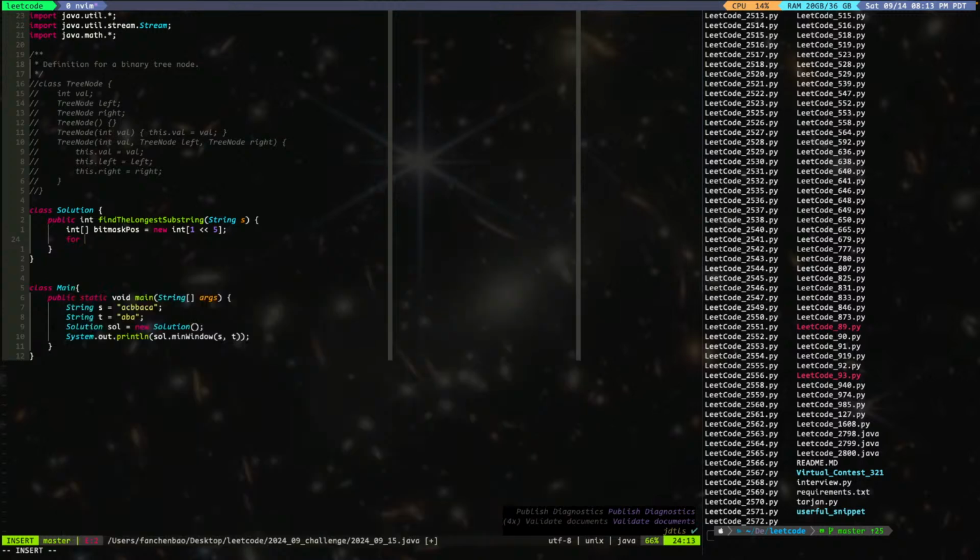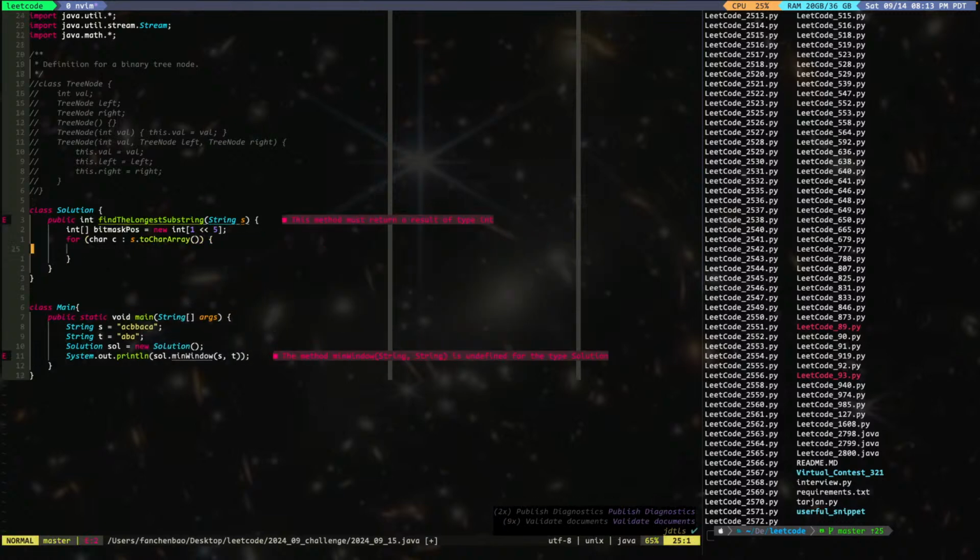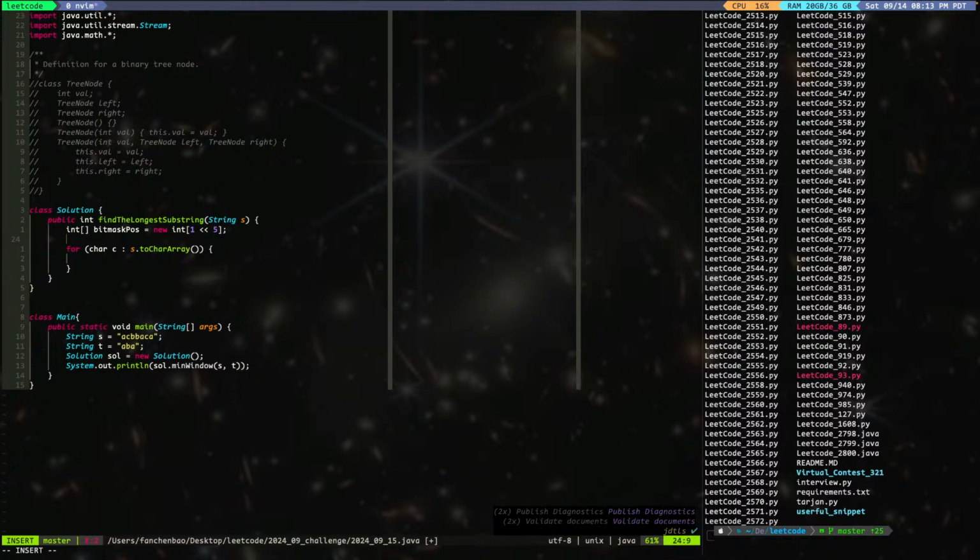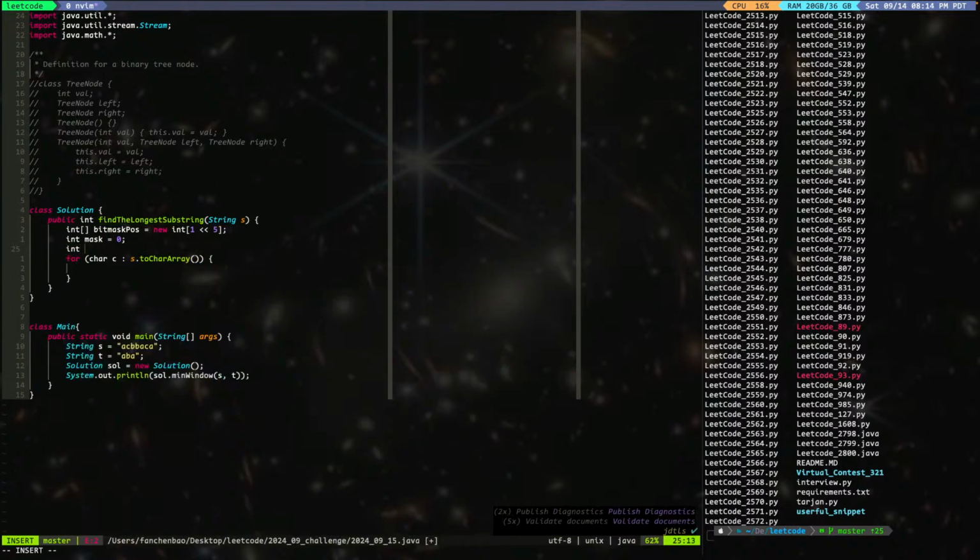All right, then we say for char c of s.toCharArray. What do we do now? We do an int mask starting with 0 and an int result starting with 0. Okay. Now A, E, I, O, U, their positions.